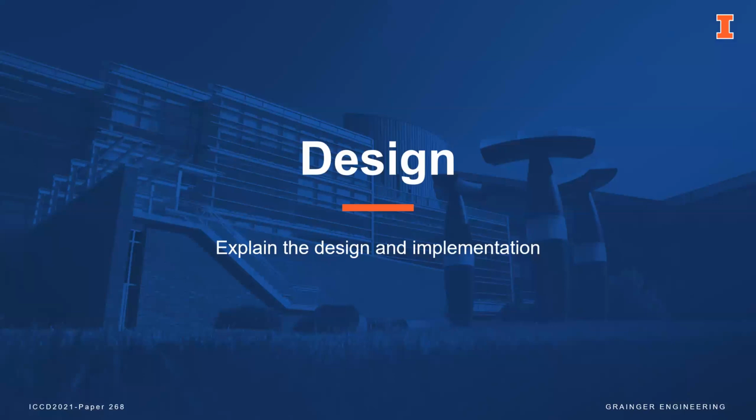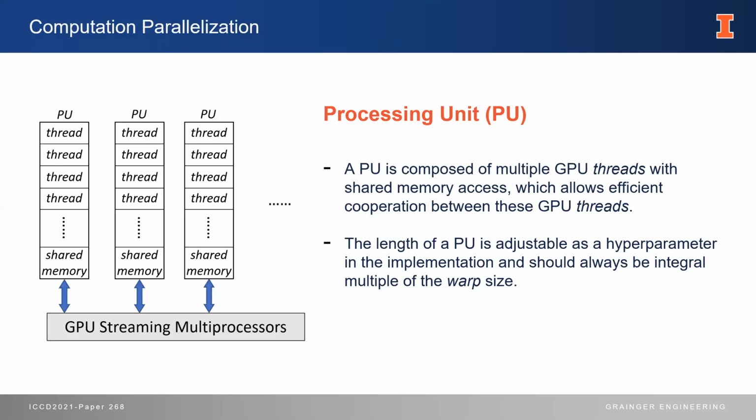This part covers section 4. The first terminology of the software concept is the processing unit. A processing unit in our algorithm is composed of multiple GPU threads, and they need to have the same shared memory access, so they can exchange data through shared memory, which will be discussed in a later slide.